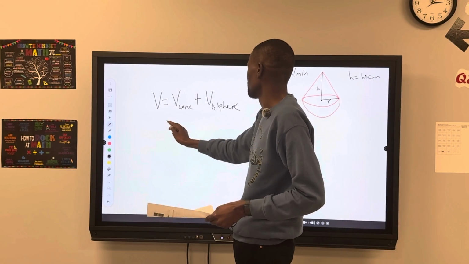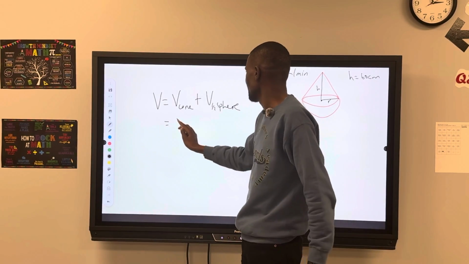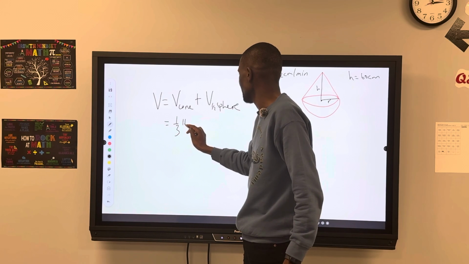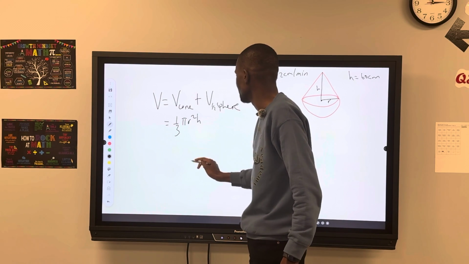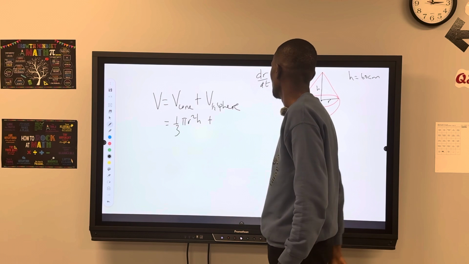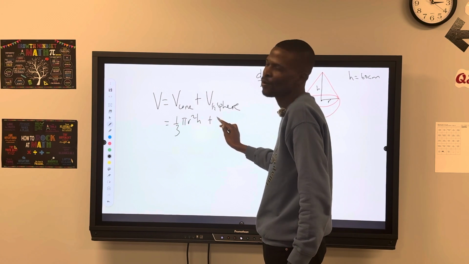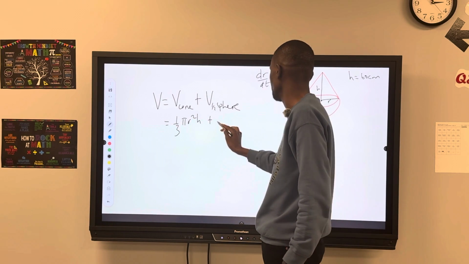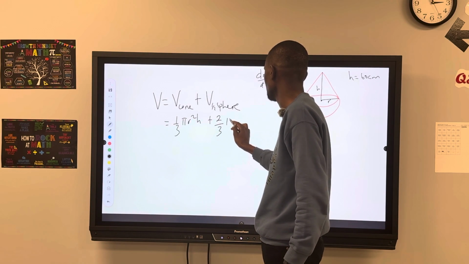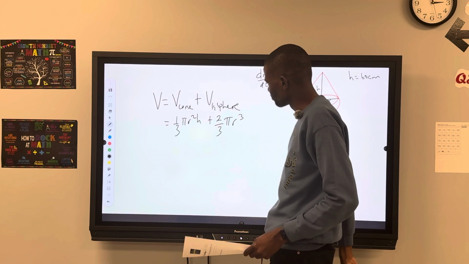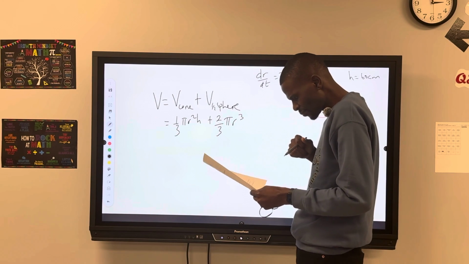The volume of the cone is 1/3 base area, which is pi r squared, times h, plus the volume of the hemisphere, which is 4/3 pi r cubed divided by 2, which is 2/3 pi r cubed.